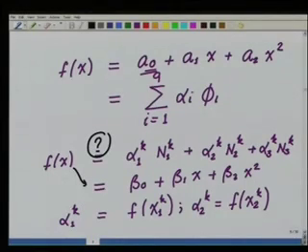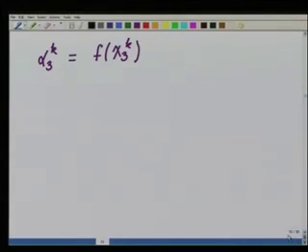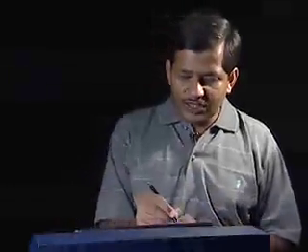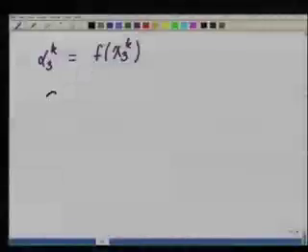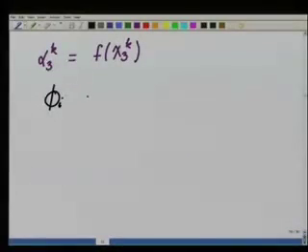This is a simple algebraic exercise, and one can show that, yes, this linear combination of these three functions is able to exactly reproduce a quadratic polynomial defined in the element and thus in the whole domain, which means that the set of functions phi i represents a complete set.